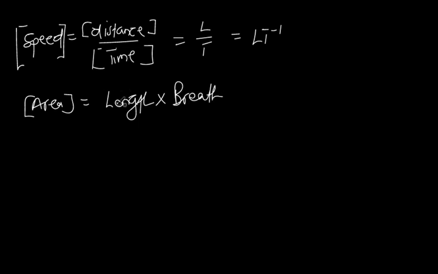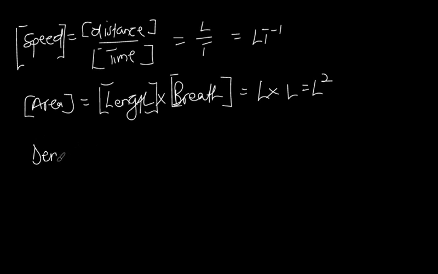So to find the dimensional equation for area, you just need to find the dimension of length multiplied by the dimension of breadth. And like I said earlier, length and breadth are all distances, so in dimensional analysis you represent them with L. So we have L times L, which is L squared.